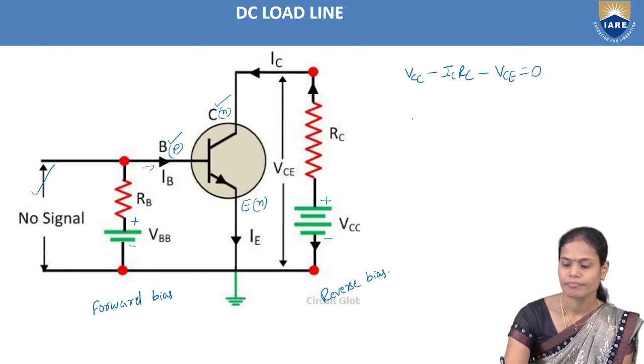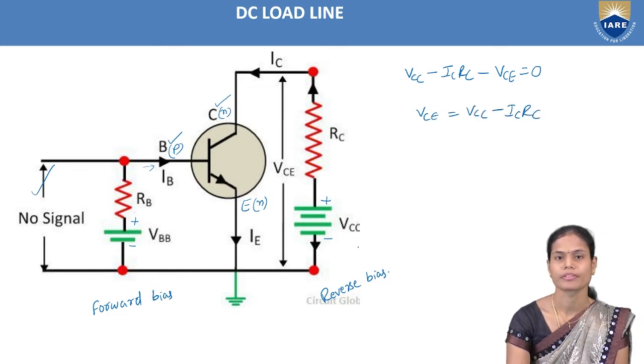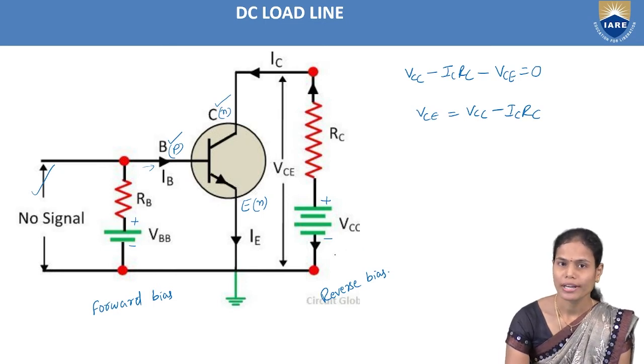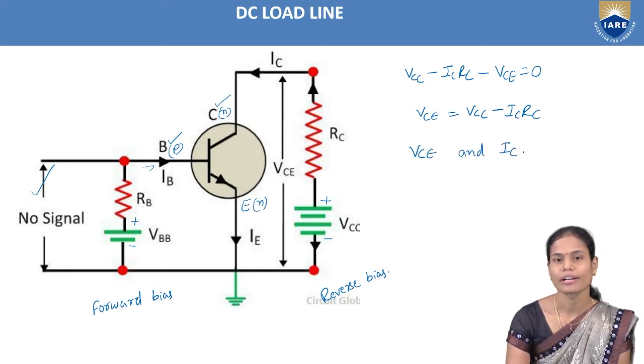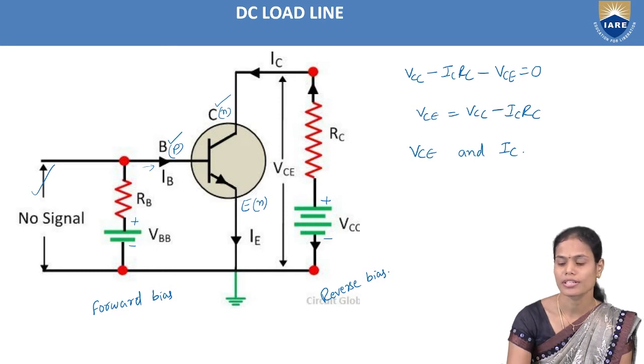So I am taking VCE equal to VCC minus IC RC. To draw the load line, we require the VCE voltage as well as the IC current. So how can we find the VCE voltage as well as the IC current from this particular equation?